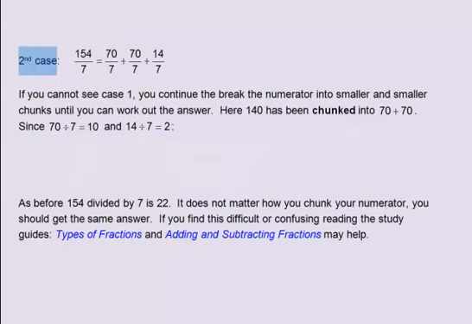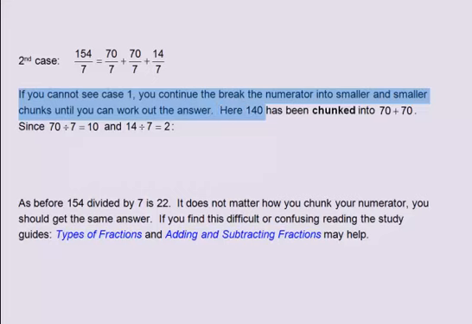Second case, 154 divided by 7 equals 70 over 7 plus 70 over 7 plus 14 over 7. If you cannot see case 1, you continue to break the numerator into smaller and smaller chunks until you can work out the answer. Here, 140 has been chunked into 70 add 70.